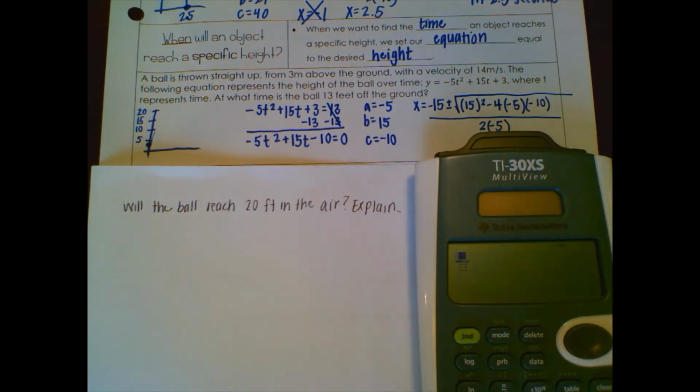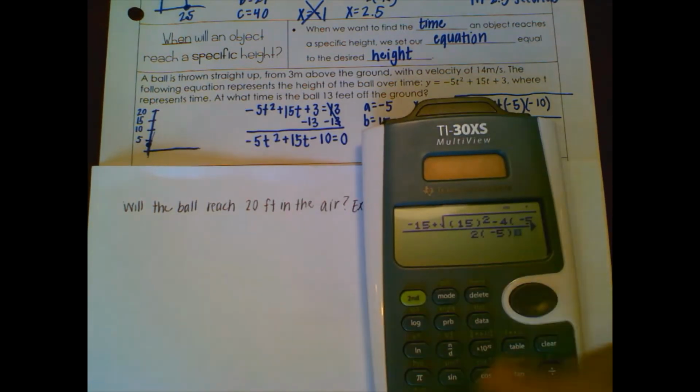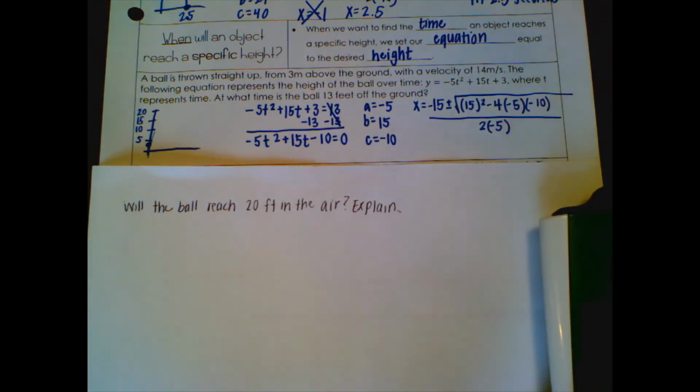So I'm going to hit n over d. Then I have -15 plus second square root 15 squared minus 4 times -5 times -10. Hit your down arrow, and then you have 2 times -5 in your denominator. So we get x is equal to 1.